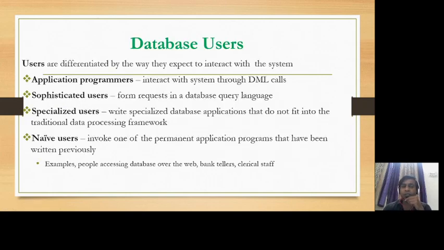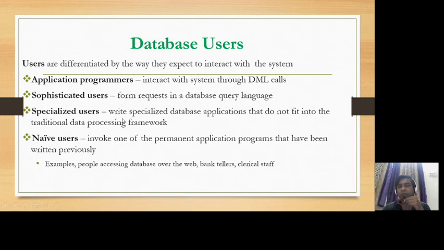As we already discussed a few seconds back, there are different kinds of users which interact with our database. Application programmers interact with the system through DML queries, that is, data manipulation calls. Sophisticated users form queries in a database query language.